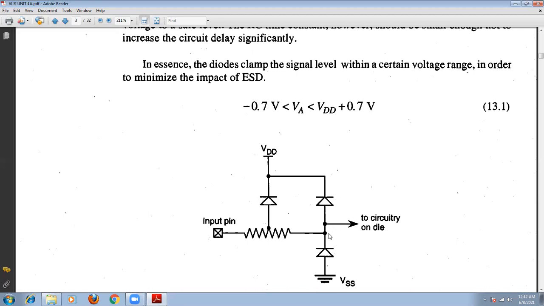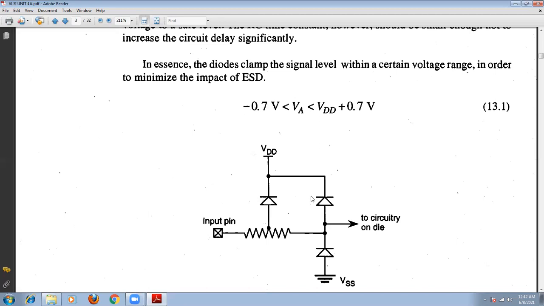When the signal changes, the minimum voltage is minus 0.7 volts when this diode turns on, and the maximum voltage is reached when the other diode turns on. The maximum voltage in this case equals VDD plus the cut-in voltage of this transistor, 0.7 volts. That means the signal will be clamped to that level.